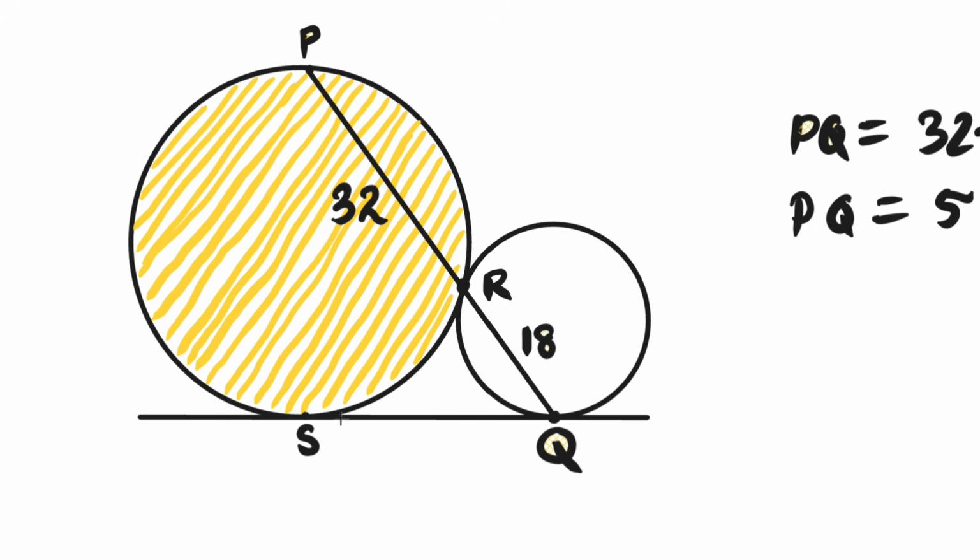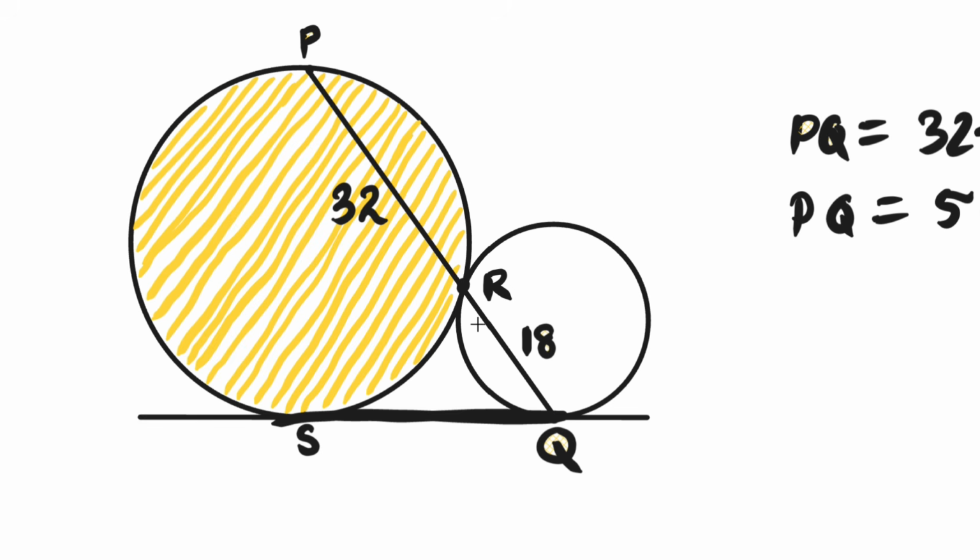Now, we want to find the horizontal distance, SQ. This is where the tangent-secant theorem becomes useful. Let us look carefully at the larger circle. The horizontal line touches the larger circle at S, so SQ is a tangent segment from the external point Q. At the same time, Q, R, P forms a secant through the larger circle.